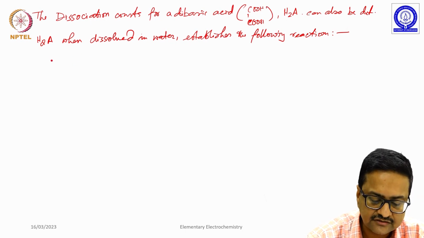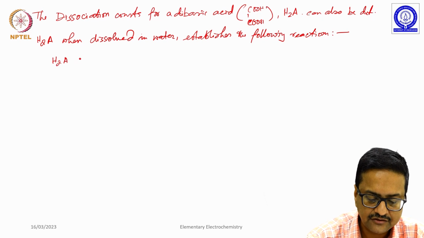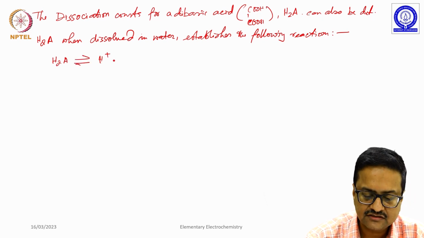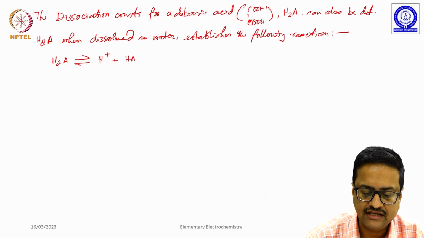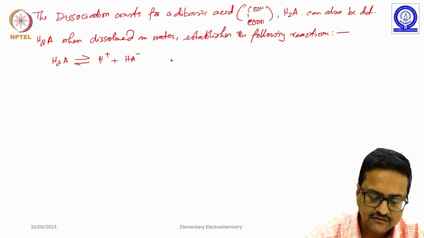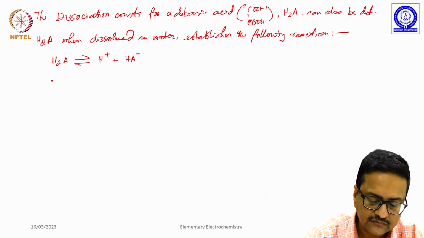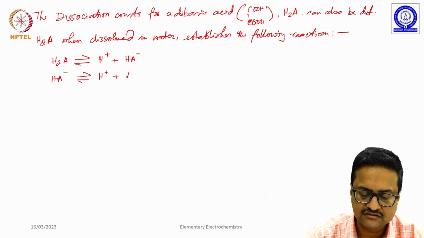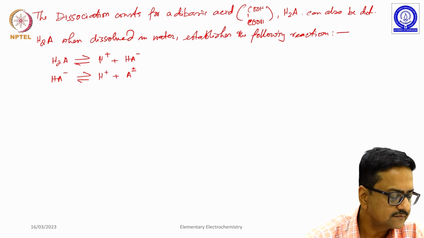First, it dissociates from H2A to H plus HA minus, that is monodissociated acid ion, and then this HA minus further dissociates as H plus A double minus.